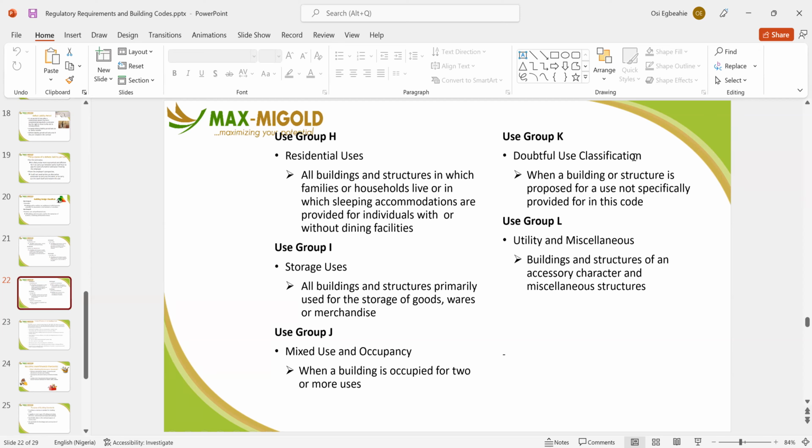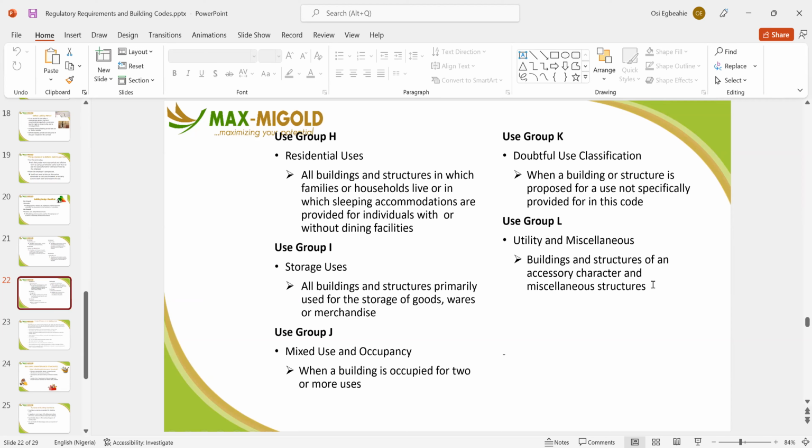You now have that classification, that's K, where the building is such that you don't know what it's going to be used for. Maybe you just have a large hall that was used for construction at the time, and after a while it was abandoned and people can use it for another thing. Then you also have L, utility or miscellaneous structures or buildings that are accessories and miscellaneous structures.